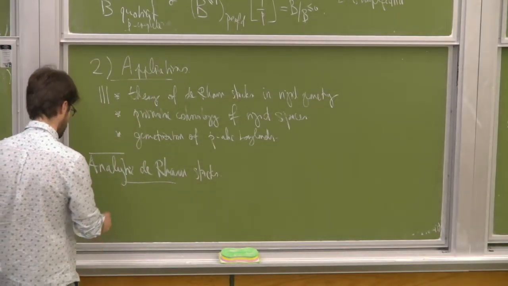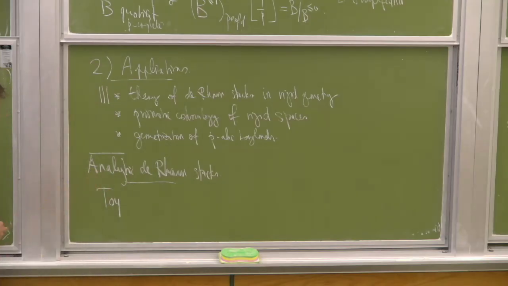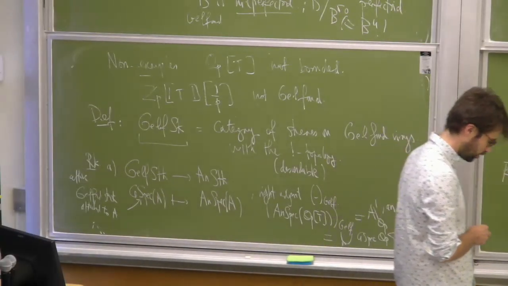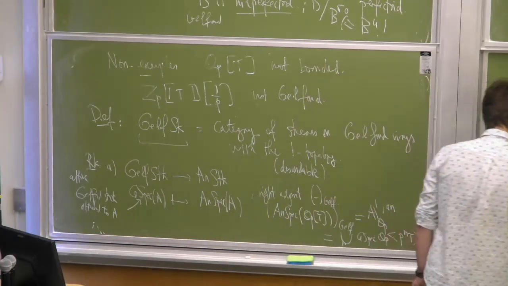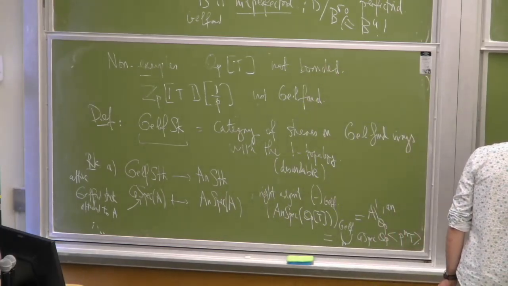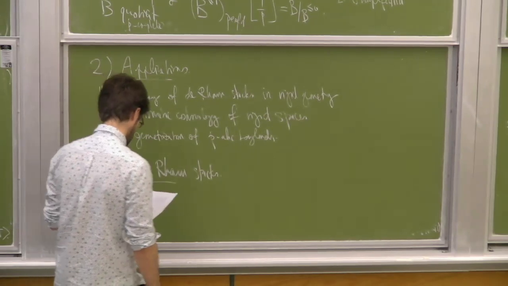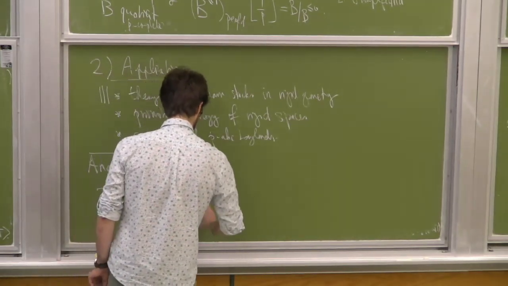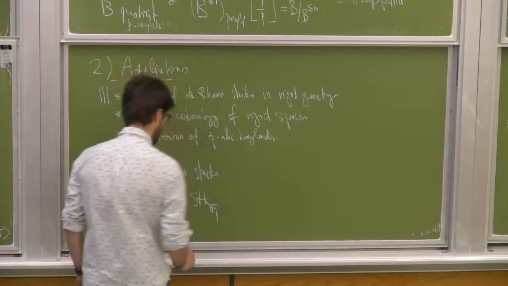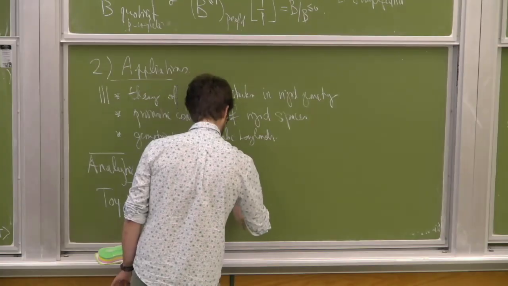So we want to define some notion of analytic de Rham stack associated to a rigid analytic space. And the toy model for our construction is the following characteristic p example. It's just a toy model, so maybe the exact setup is not so important here.